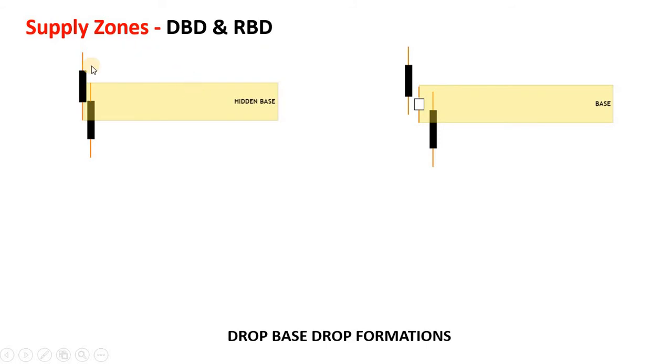It is so because this may just be a representation on a higher time frame, while this will be a representation on the lower time frame. So what we are trying to say is that they have equal power. They are both the same thing. They are both supply zones, and price could react from them.